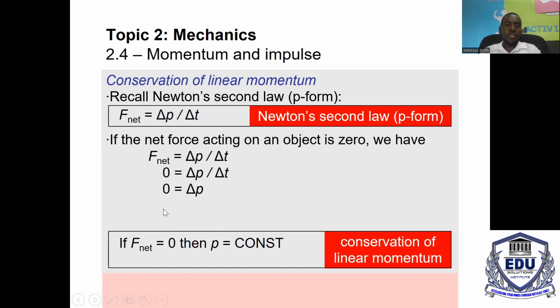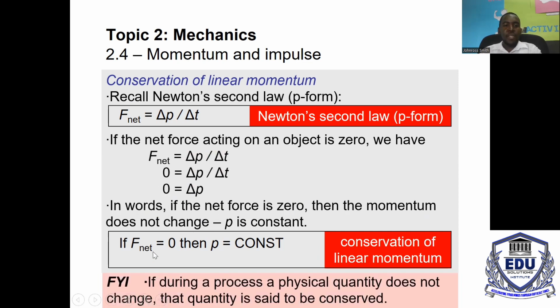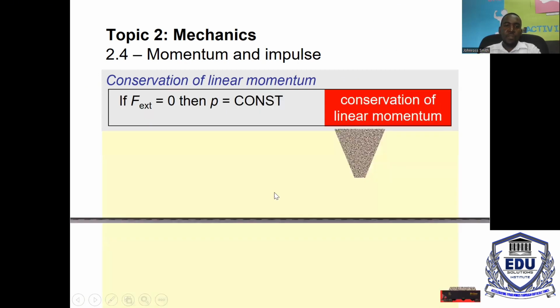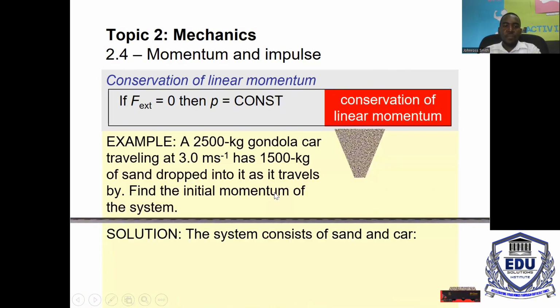So in this case, we see that the F net is going to be equal to 0, and that's only true for the momentum to be constant. If F net is not 0, then the conservation of momentum will not stand as a true law or principle. Now we have two types of momentum collision, right?